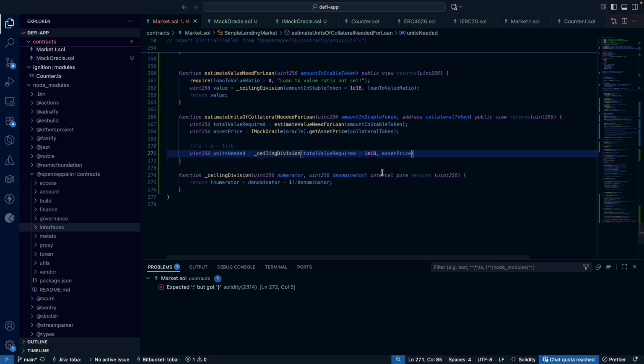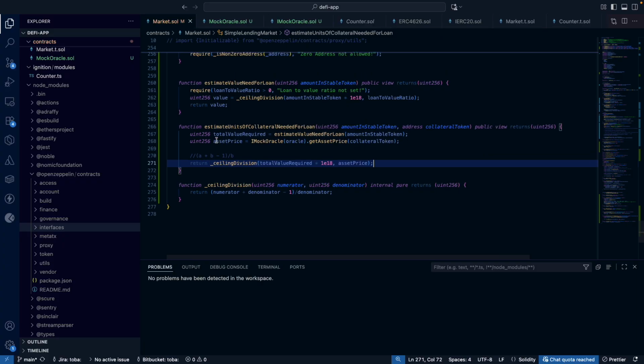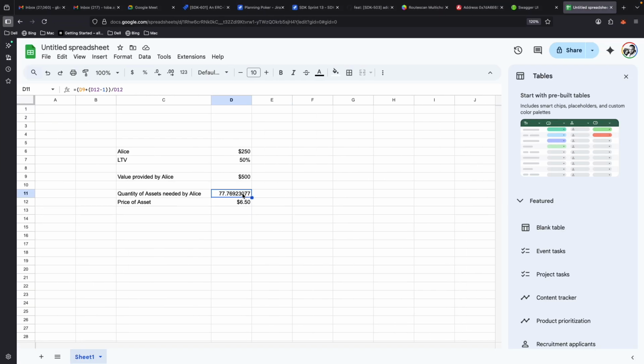Okay, and honestly, we don't need to store units needed. We just need to return this value. Okay. So now that we've done it, I've established this relationship. I showed it to you here.